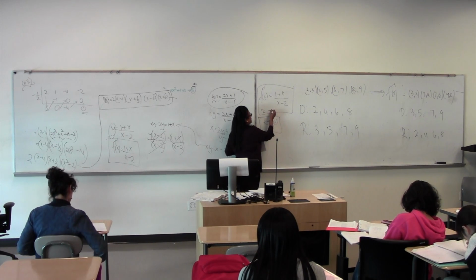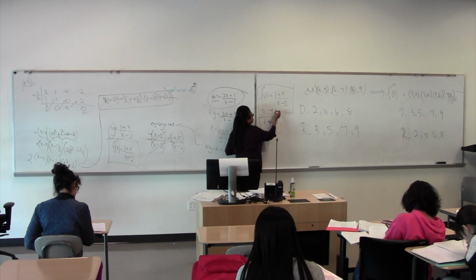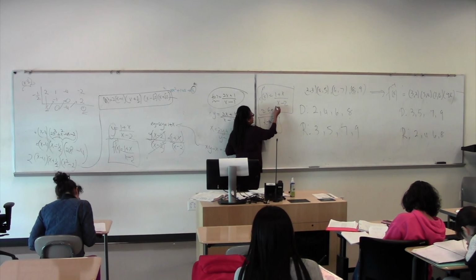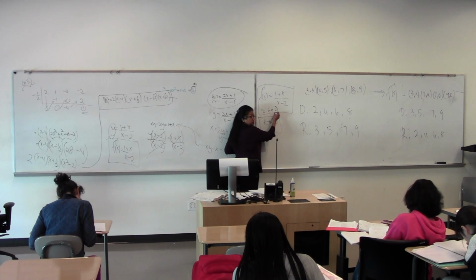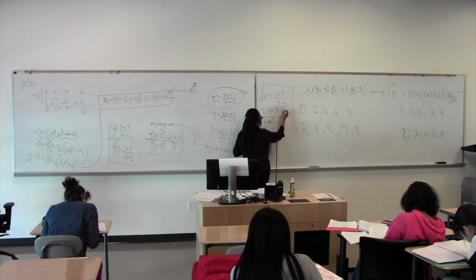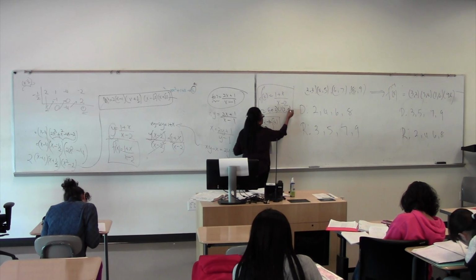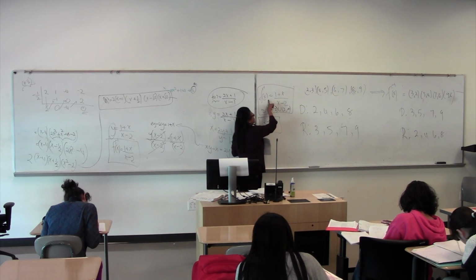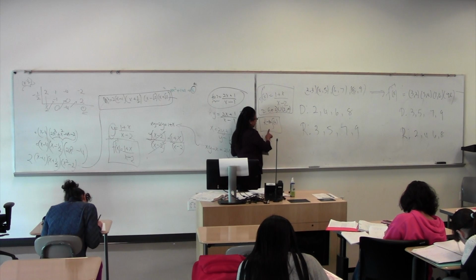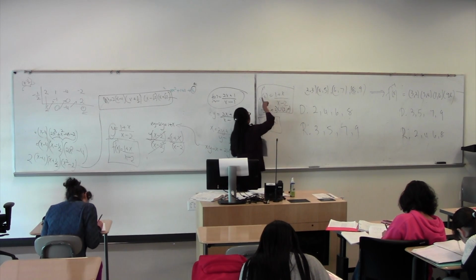So it is negative infinity to 2, open, since x equal to 2 we can't use, union 2 to infinity. This is the domain of this function, which becomes the range of f of x.